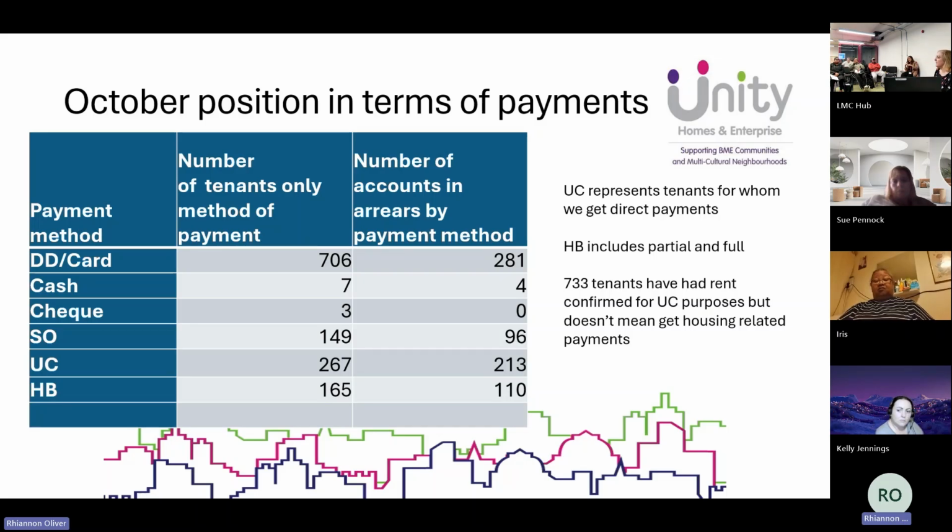But some of them chose to have it paid to us, or we've applied for it because they're not paying. So the difference between the 733 and 267 is people that get it paid direct to them, and then they pay it to us, whether it's via direct debit or standing order.